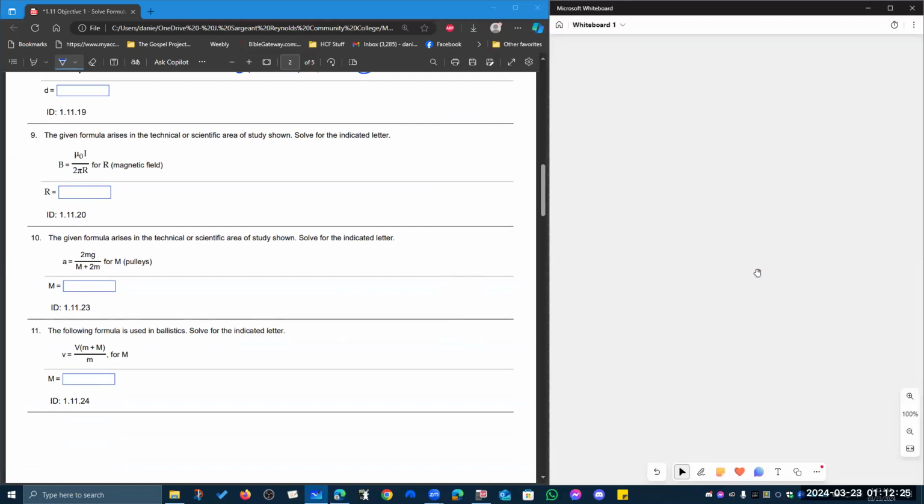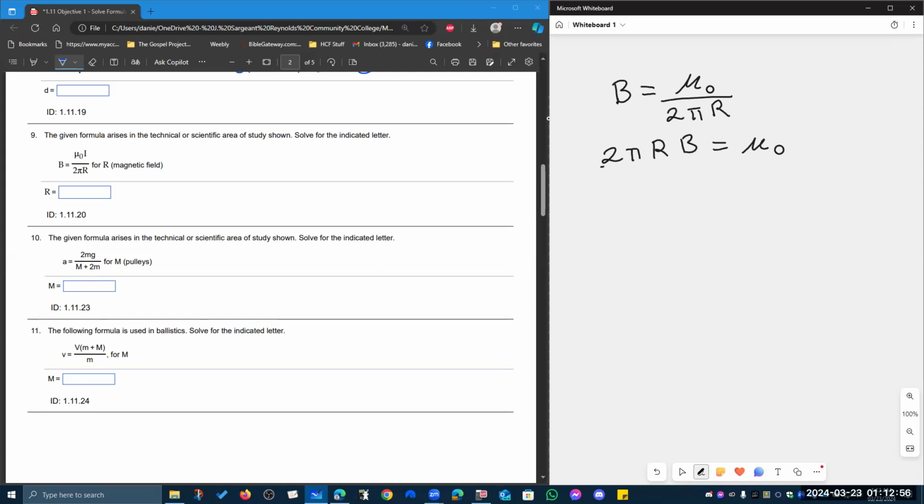We may even get some Greek letters and some formulas like this one. Capital B equals mu sub 0 over 2 pi capital R. We're going to solve for R. So let's multiply everything by this denominator. 2 pi R B equals mu sub 0.